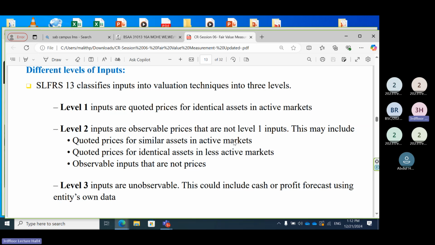To do the fair valuation, there may be many inputs, right? So the risk-free rate or whatever interest rate, inflation rate, those things can be taken from the market. We can see those in the market, but those are not identical, right?